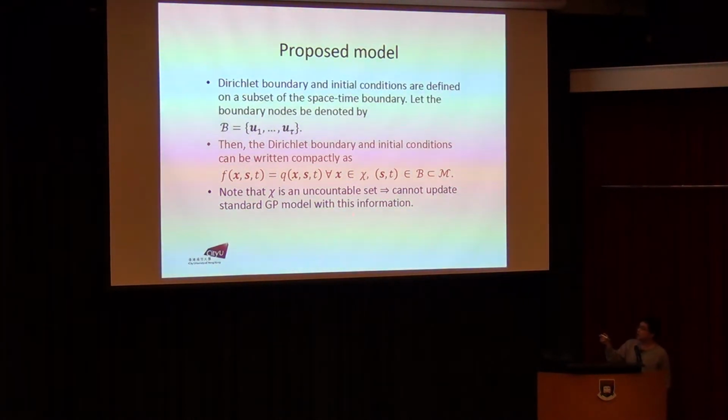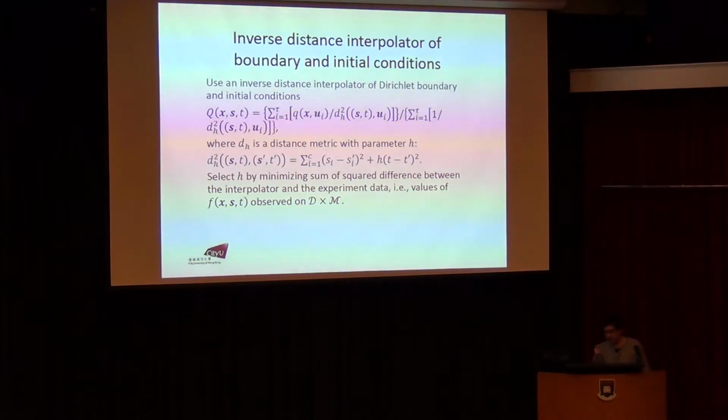So we can update the standard GP model with this equation. What we propose to do is to first interpolate the Dirichlet boundary and initial condition with an inverse distance interpolator, capital Q here. This capital Q interpolates q(x, u1) to q(x, u tau), the values at the Dirichlet boundary nodes and the nodes at time 0.